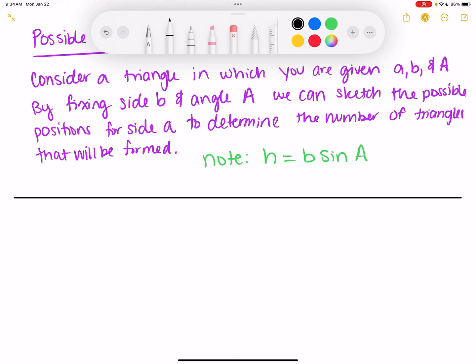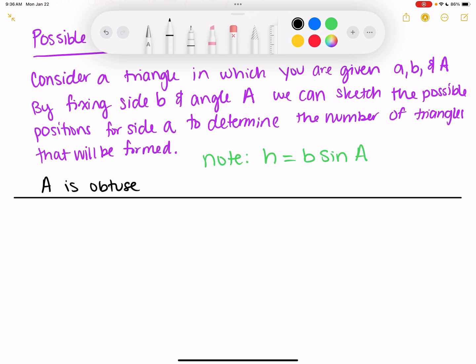So we're going to end up having 6 possible scenarios here of what this can produce. We're going to have 2 under A is obtuse.